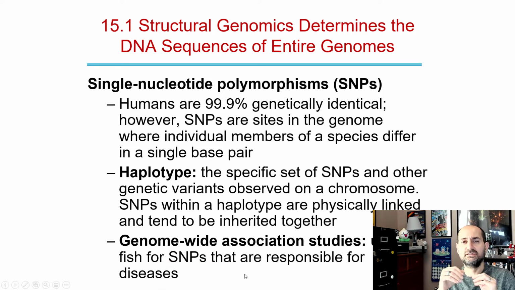Like they did a study with, I believe it was high cholesterol, and what they did was they would take people with high cholesterol, people without, and they would study their genomes for SNPs, and they would determine, okay, this particular polymorphism is found in a disproportionate amount of people with high cholesterol versus low cholesterol. You see what I'm saying?